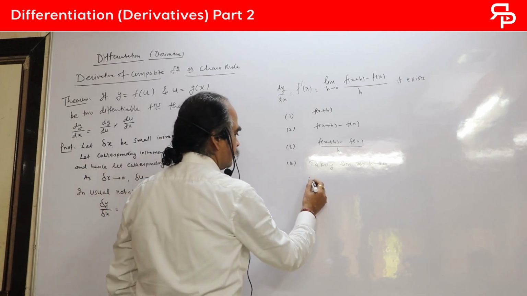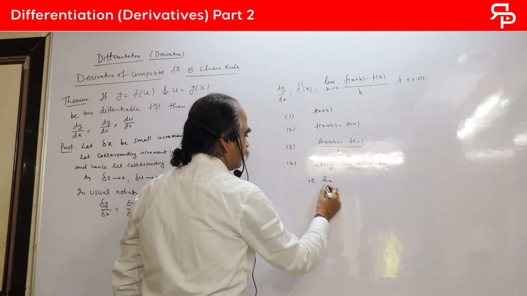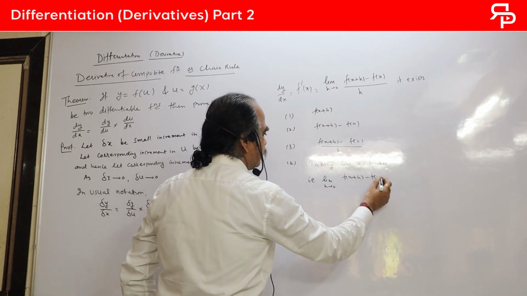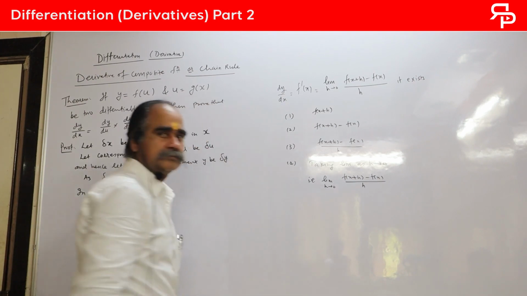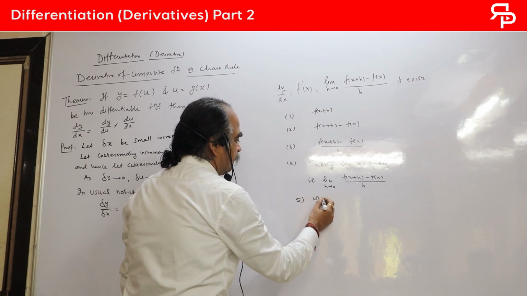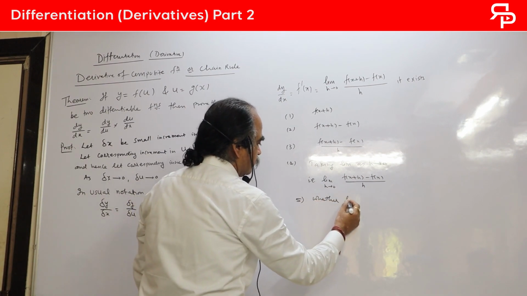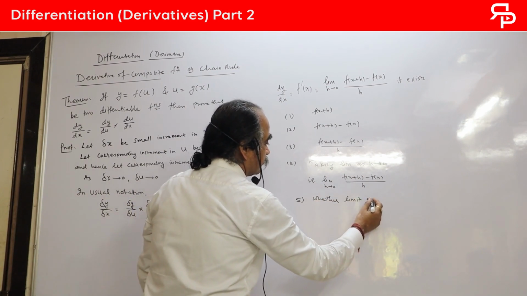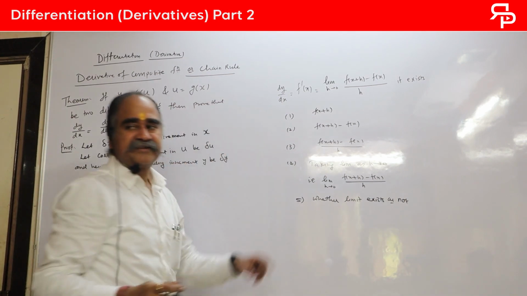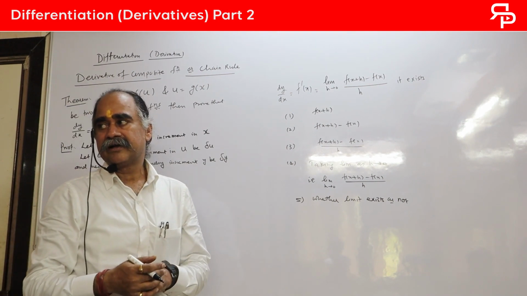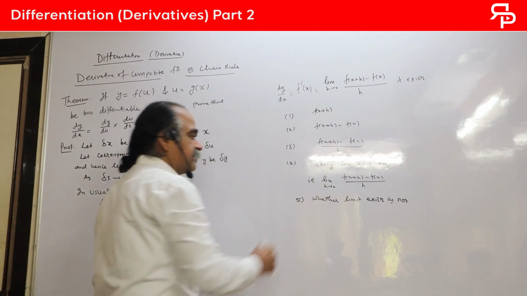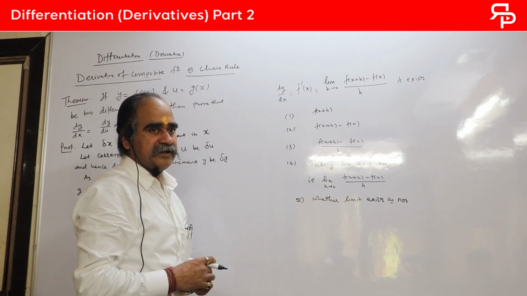What was fifth step? Whether limit exists or not. If limit exists, then we say that function is differentiable, otherwise not. Then we write this limit as f dash x or dy by dx.